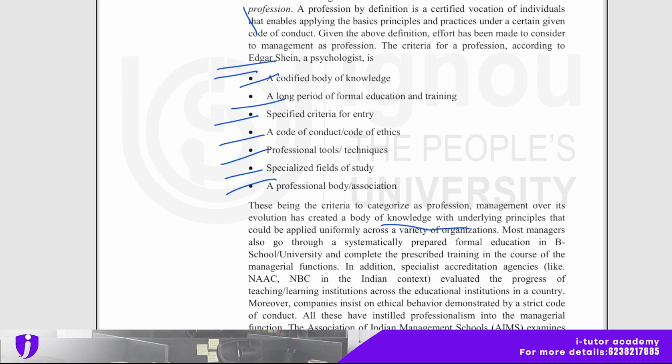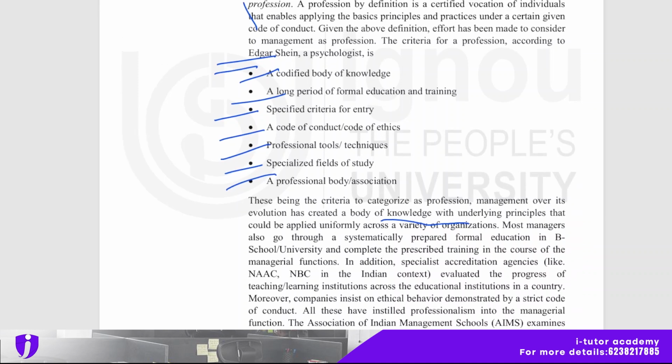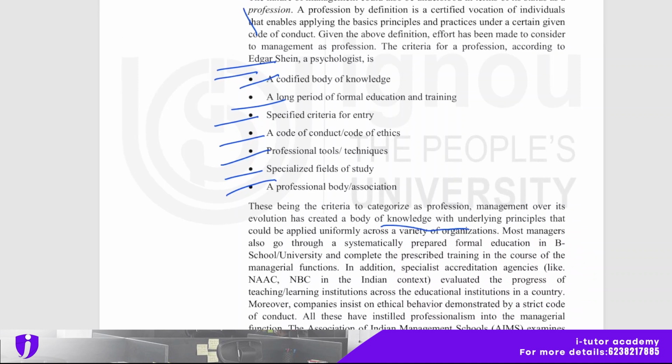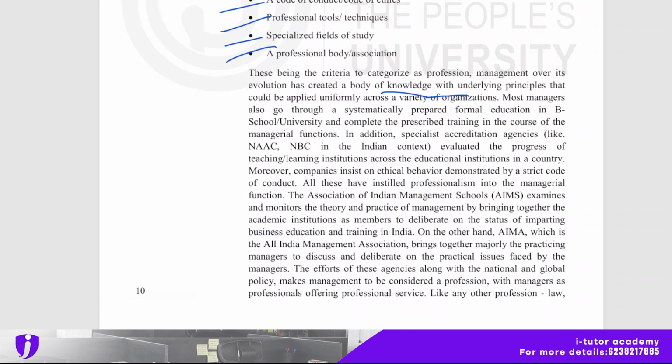Most managers also go through systematically prepared formal education in a B school or university, and complete the prescribed training in the course of the managerial functions. So the nature of the management subject is based on different theories. You can also make the nature in your own way.